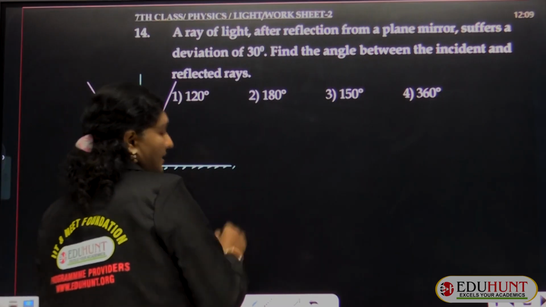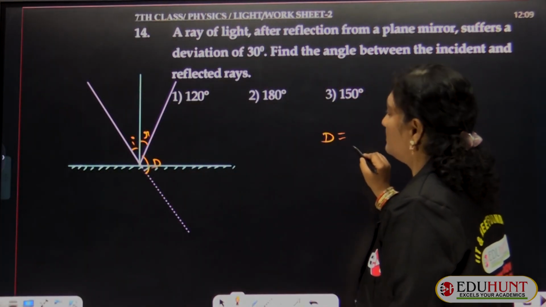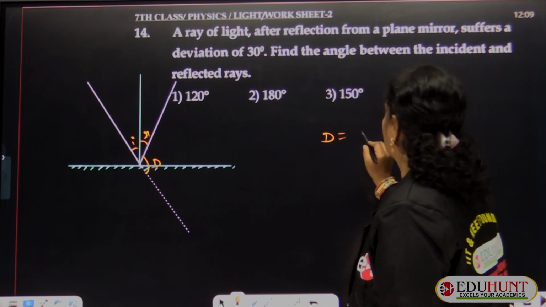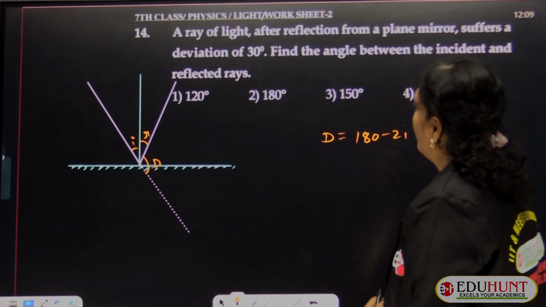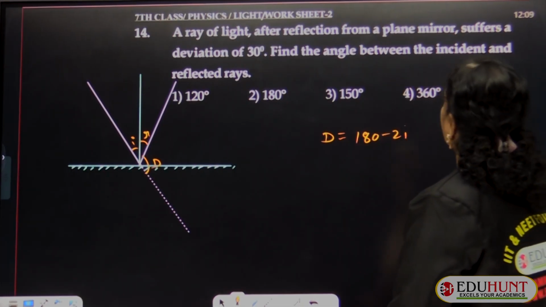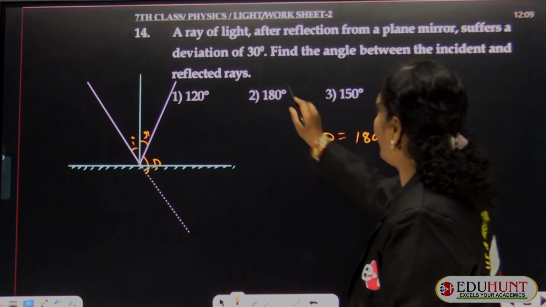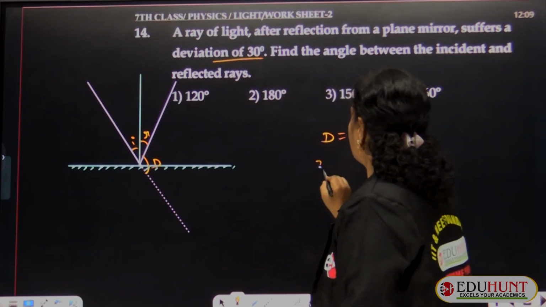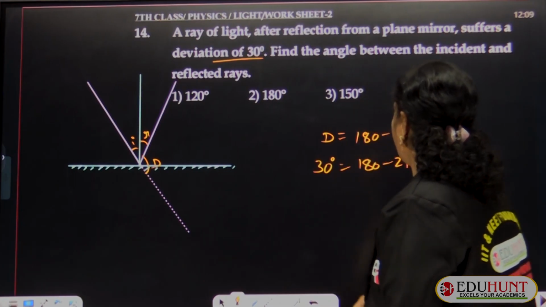The formula for D is D is equal to 180 minus 2i. The value of deviation itself is given as 30 degrees, which must be equal to 180 minus 2i.